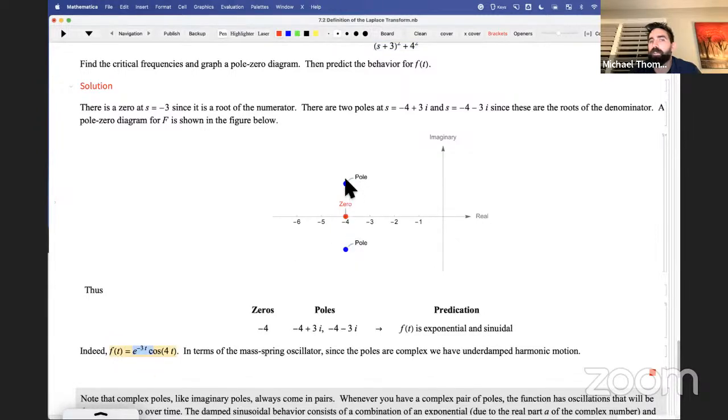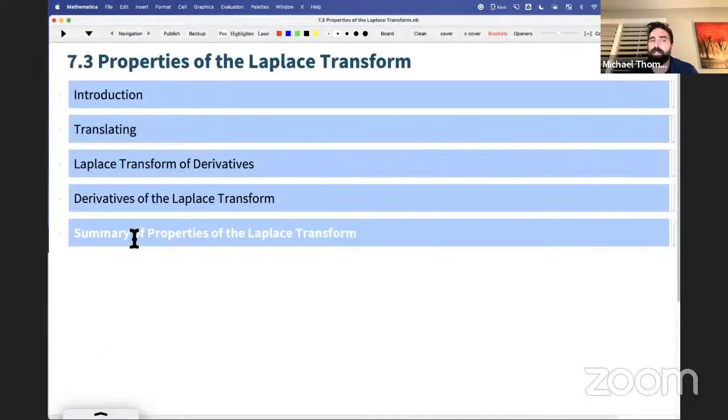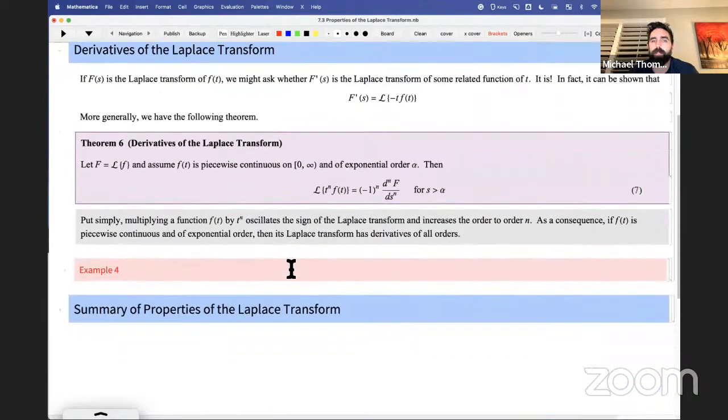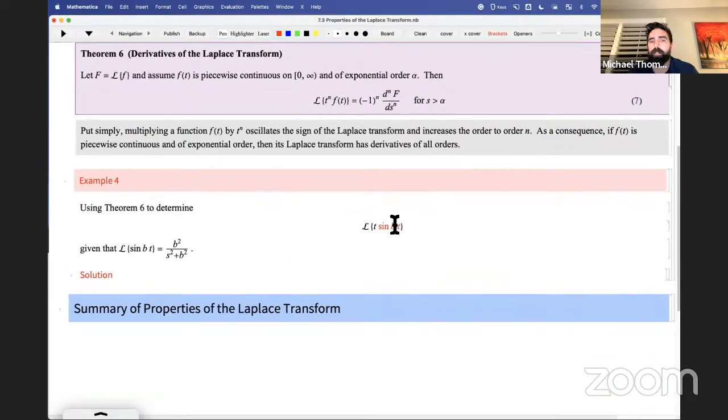Our poles are off in the complex space, so they're partly exponential, partly imaginary, so partly sinusoidal. So you can use your transforms to predict the nature of what happens in the system. When you see something like this, you'll be able to tell, oh, that seems like a reasonable answer.